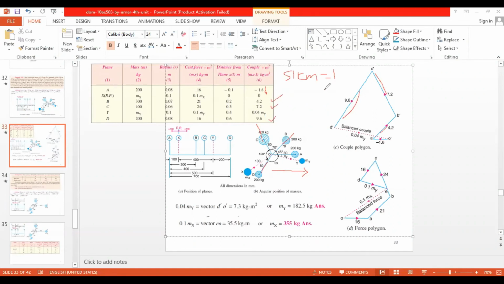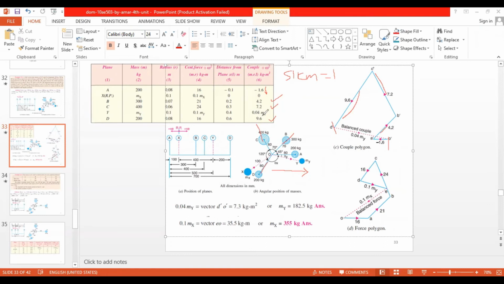I have drawn this. Now I have one unknown that is equal to 0.04 my. So here we started, and this is our last point, D. Now we have to join these two to make this a closed polygon. So we will join this and this by a line that will denote 0.04 my.